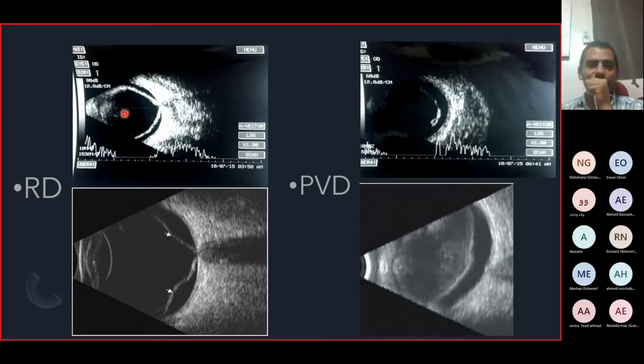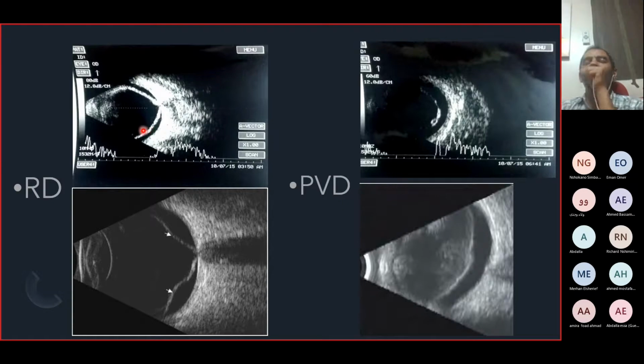We have something which is called the gain. The gain is like the volume button of the radio. So you can increase the gain or lower the gain. If you are increasing the gain, you are increasing the ultrasonic power that you are producing, so it will be more reflected. But if the structure persists on lowering the gain, this means that it has very high reflectivity.